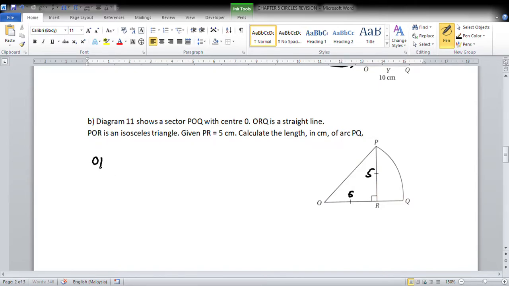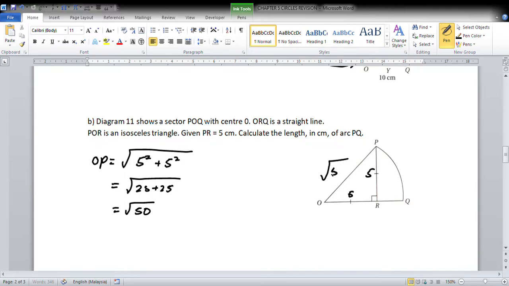We apply Pythagoras theorem: OP is equal to square root of 5 square plus 5 square, so square root of 25 plus 25, square root of 50. That means OP will be square root of 50. Similar to OQ.